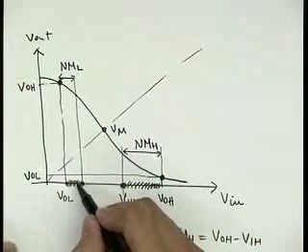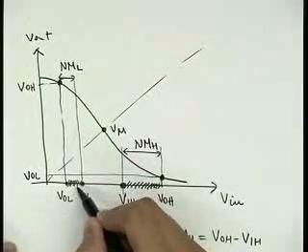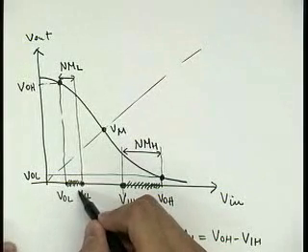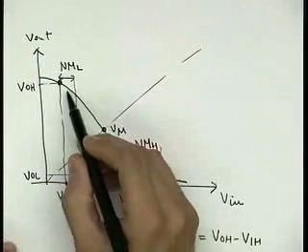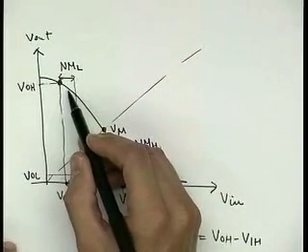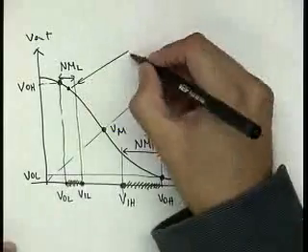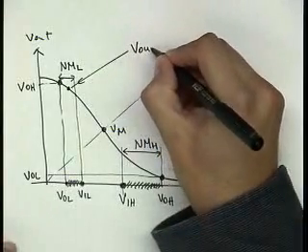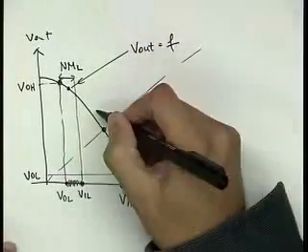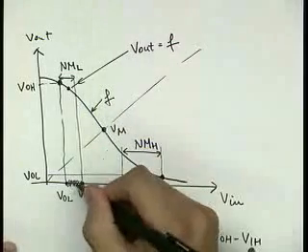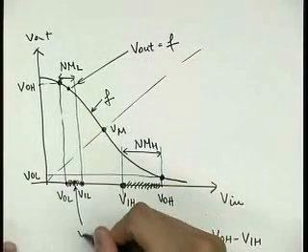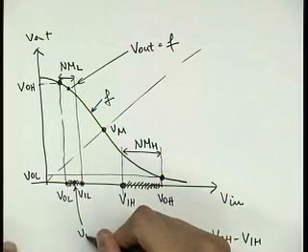But when you apply any signal in between this VOL and VIL, then you end up at some output. So basically your output would be a function. So let's see, we are here. You have Vout equal to F, a transfer function F of this value here, let's say just VL.